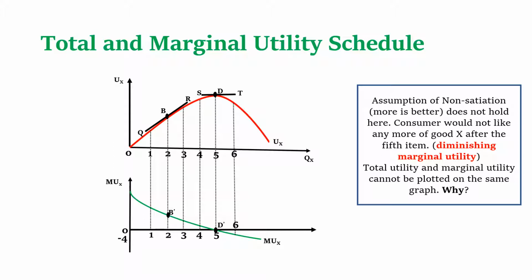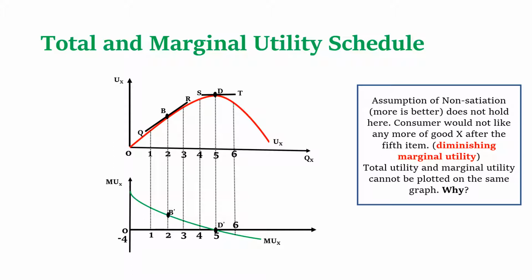Beyond that particular point, if you decide to give him more of good X, he is never going to appreciate it, because he derives less and less satisfaction from the consumption of that additional unit of the good. So D is the saturation point.